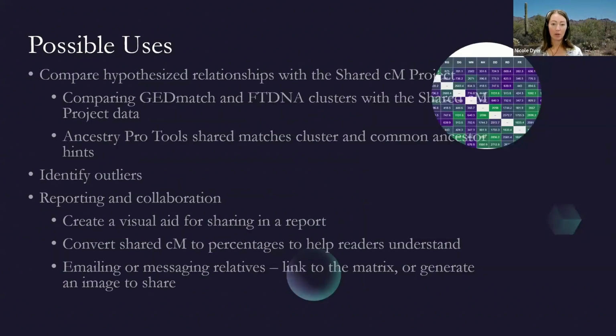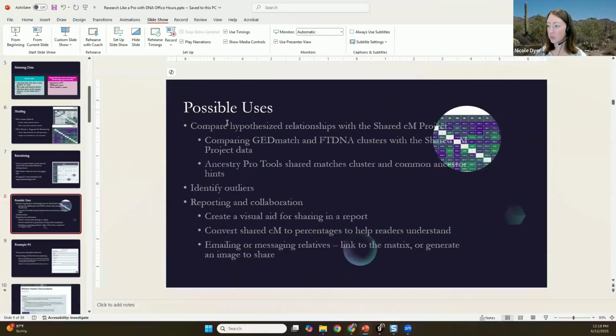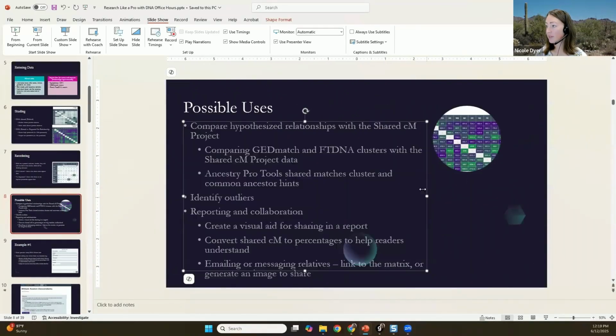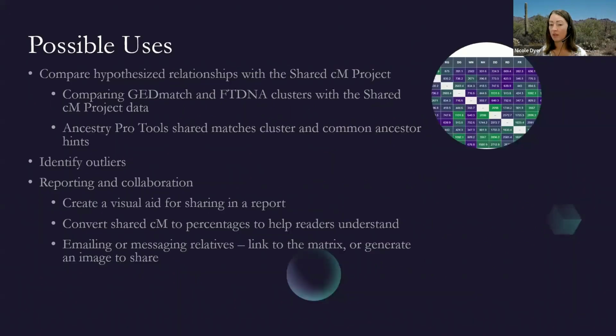So I was trying to brainstorm possible uses and think about what we can do with this tool. Some of the things I came up with were to compare hypothesized relationships with the Shared cM Project to see if they're matching up, and to do a lot of comparisons at once.